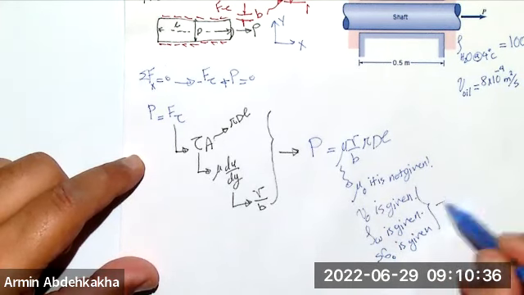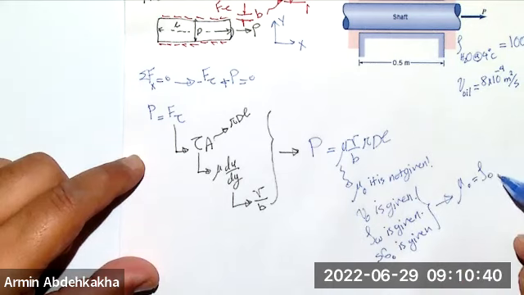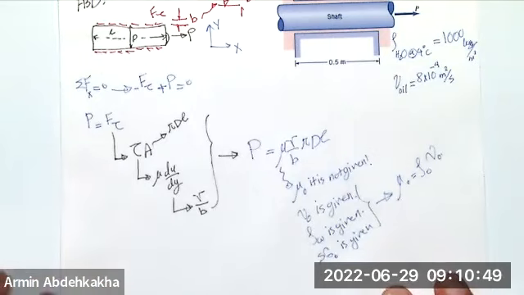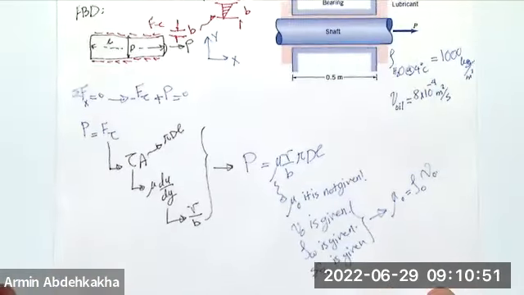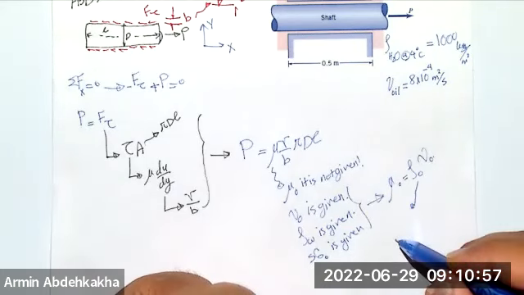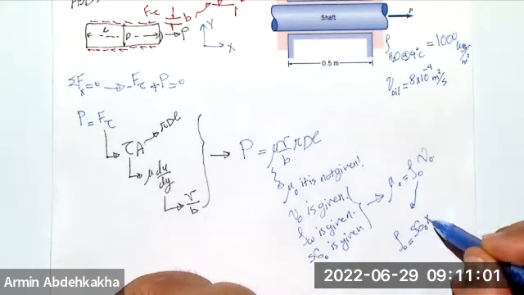So if I write down that mu oil is rho of the oil times nu of the oil, right? Mu of the oil is the density times the nu. And also I can say that the rho of the oil is Sg of the oil times rho of water, right?